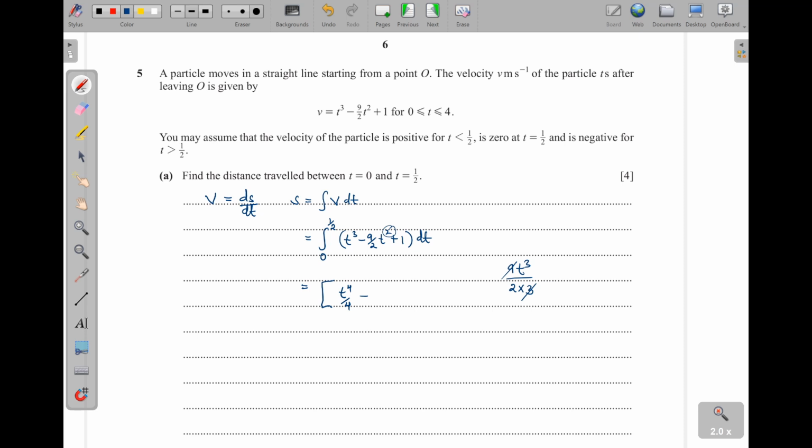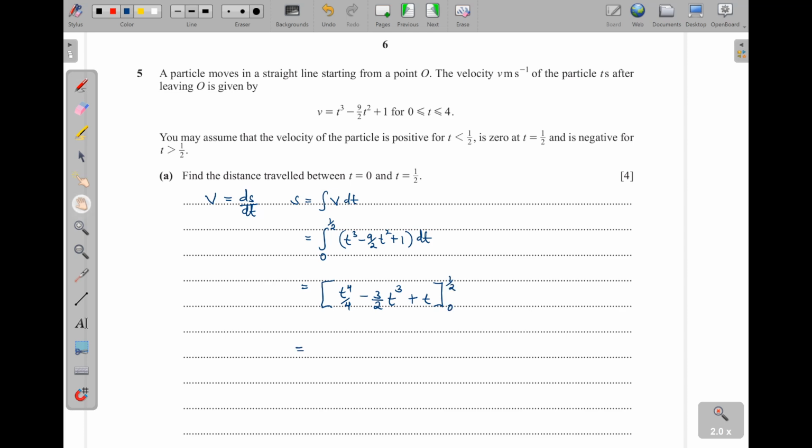So we shall have 3 over 2 t power 3. Then plus, of course, 1 is the same as t power 0. So when you increase the power by 1 and divide by the new power, you get your t there. So we shall just write t here, and then limits a half and 0.